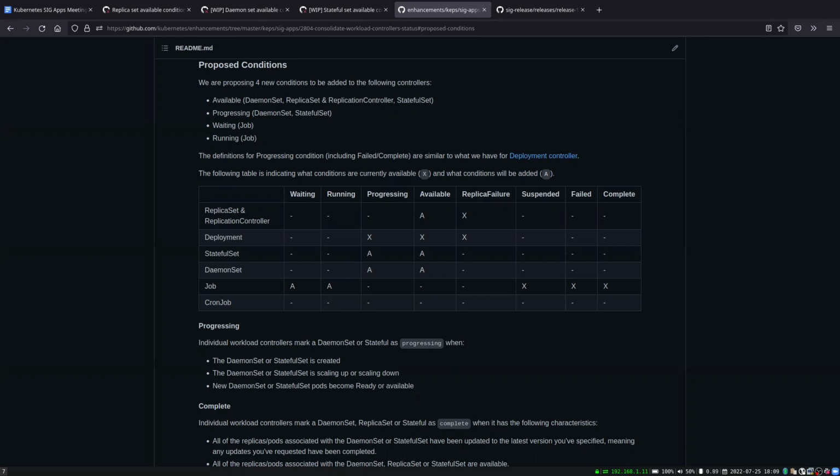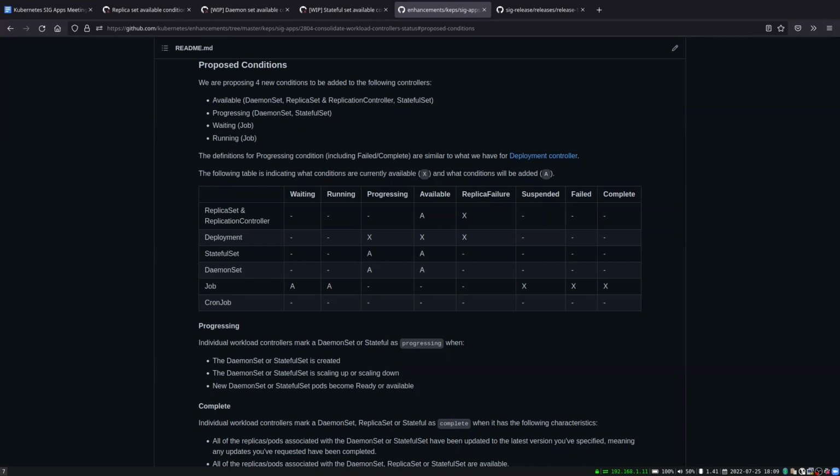One thing we could have is to detect that all of the desired replicas are available in a replica set or daemon set or stateful set, and also a possibility to have such a condition as an available where not all of the replicas are available.